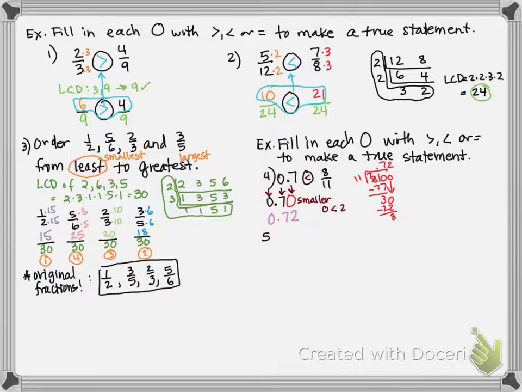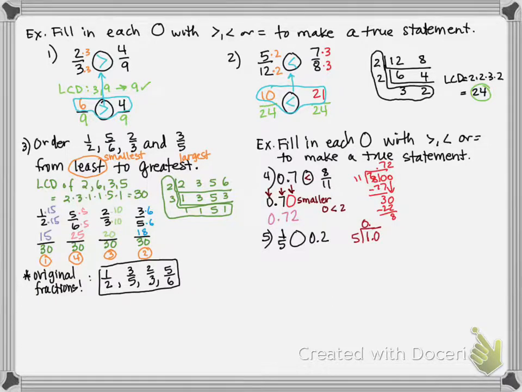Let's put them here. So let's say we want to compare 1/5 to 0.2, or 2/10. Okay, so we're going to take 1/5 and we're going to change them to a decimal by dividing. So 1 divided by 5. So I put in a decimal point because it can't go in.